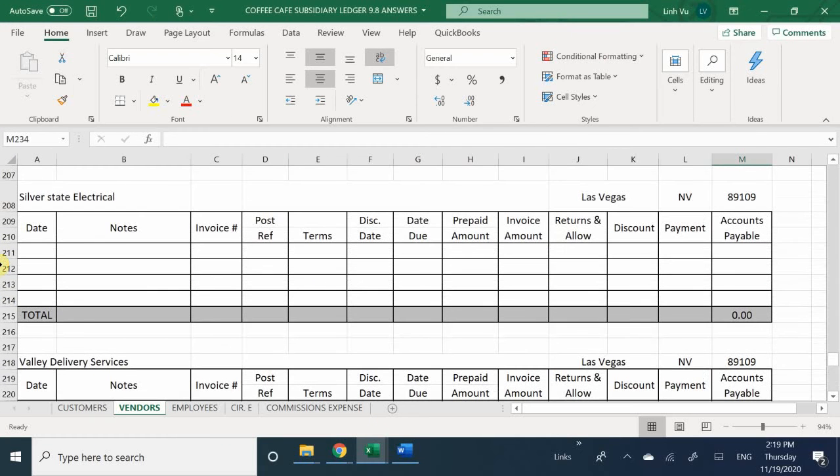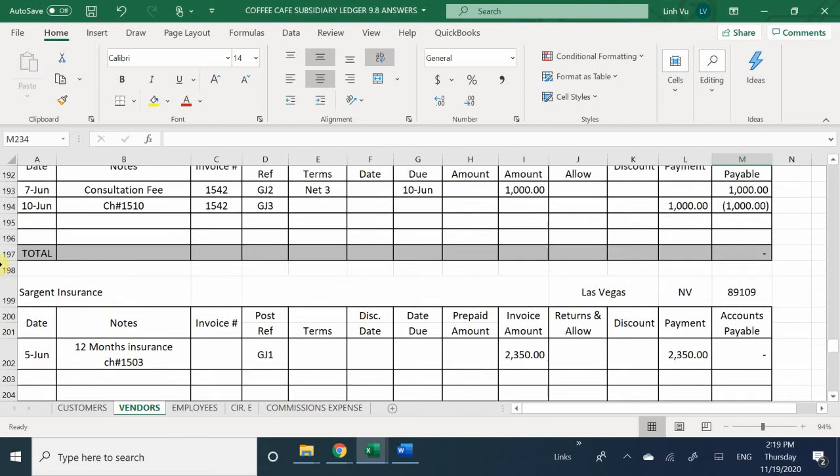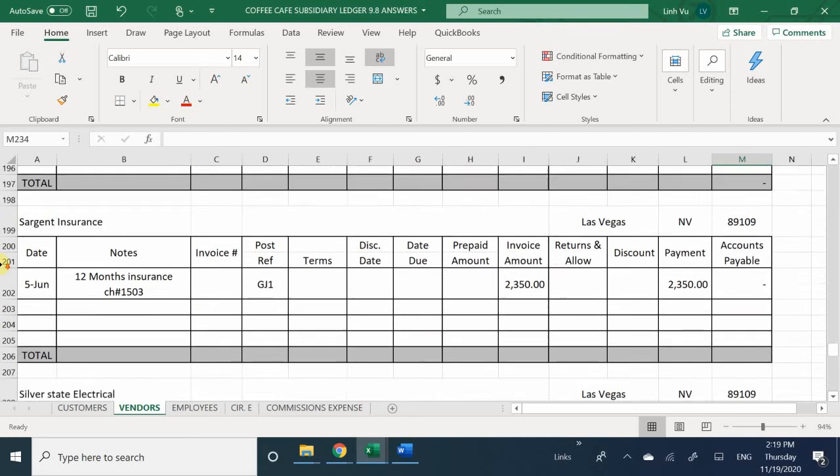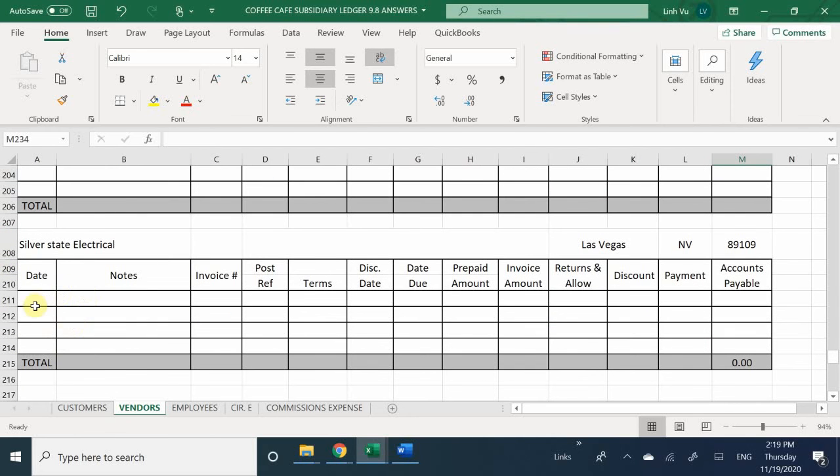And we have to go under our vendors, and we have to find Silver State Electrical, which should be down towards the bottom. There it is. We're gonna put the date.